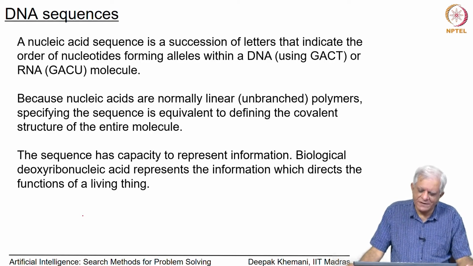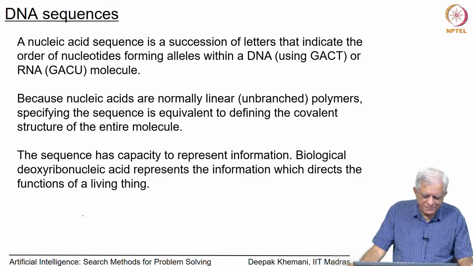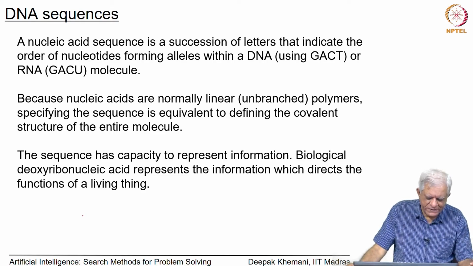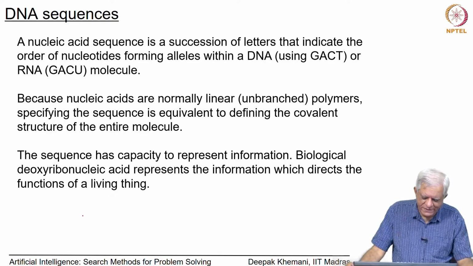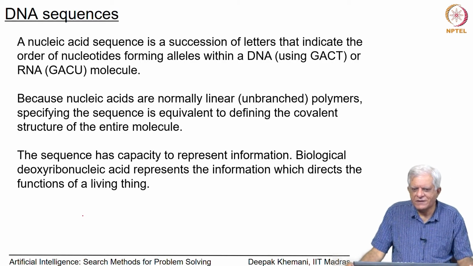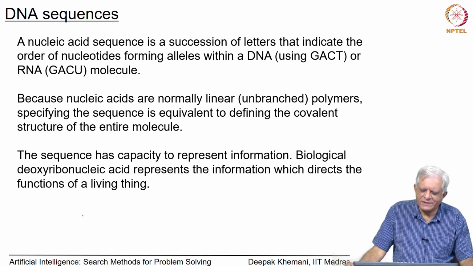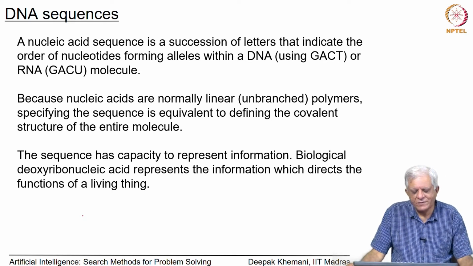We know it represents information, and DNA, which is deoxyribonucleic acid, represents the information which directs the functions of a living being. It is like a program which tells our body how to grow essentially. So, it is clearly very important from the information processing point of view as well.